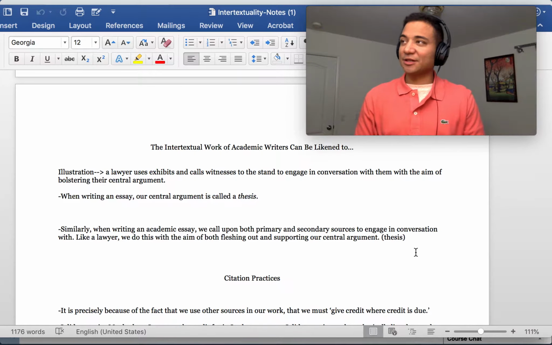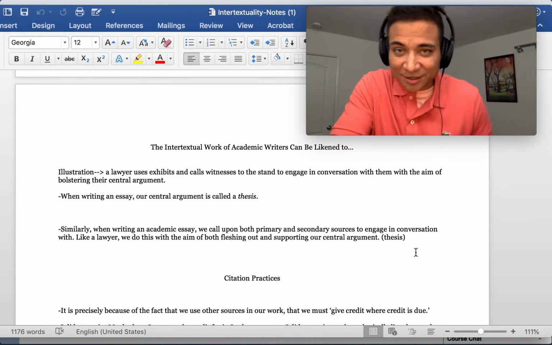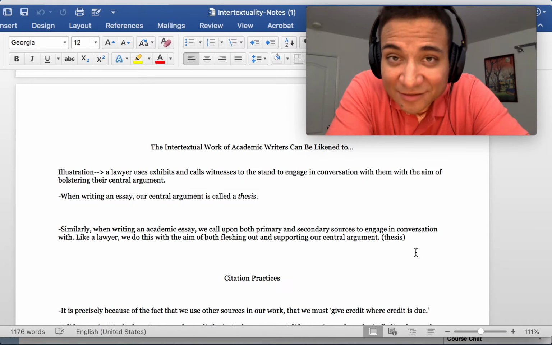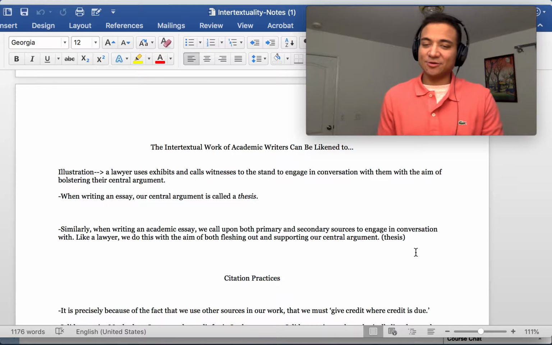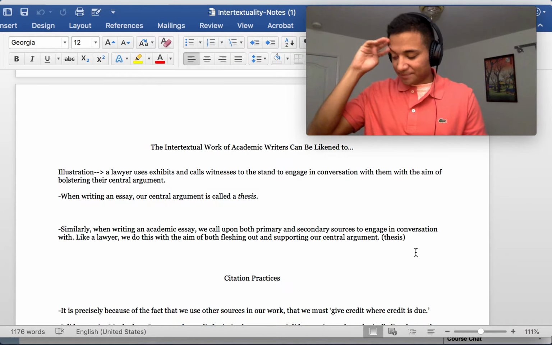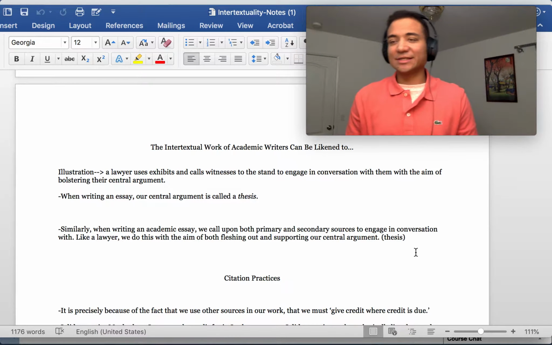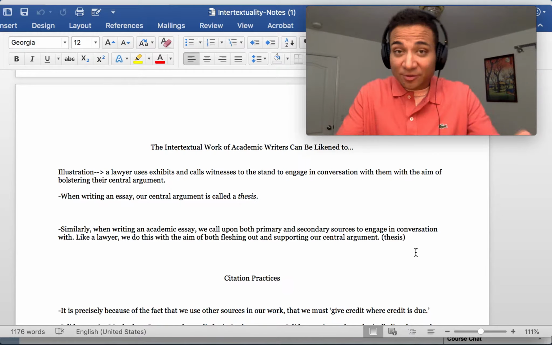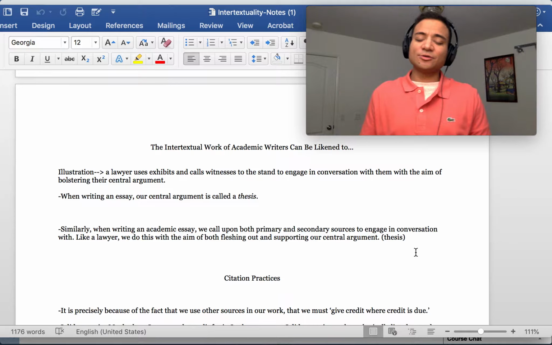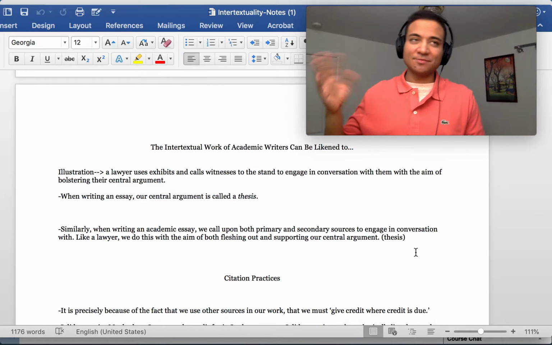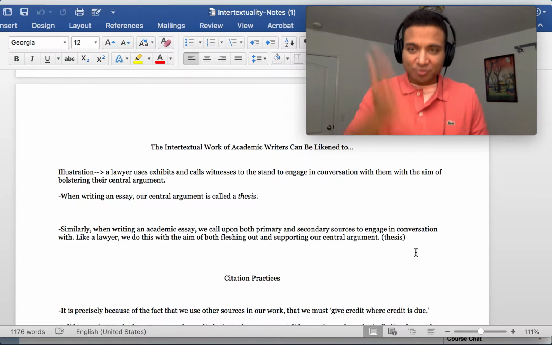And let's say that their client, you, have been accused of tax evasion. Oh no. So you're being accused of that, and then your lawyer wants to prove that you are innocent, and their thesis, their central argument, is that you really did pay your taxes. It was just some mistake, some glitch in the computer, and you want to prove that.